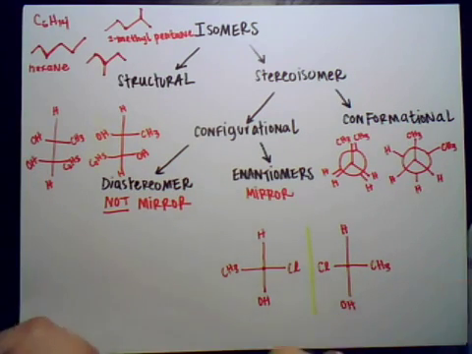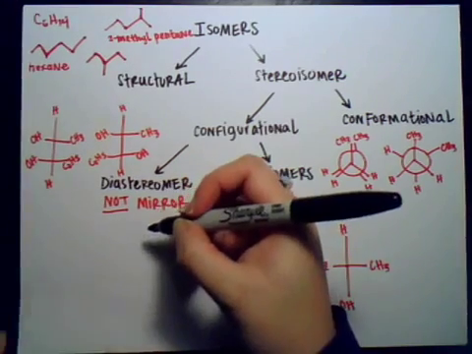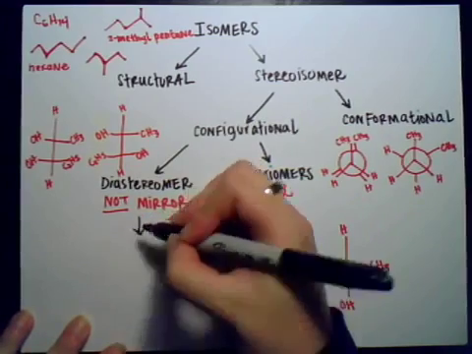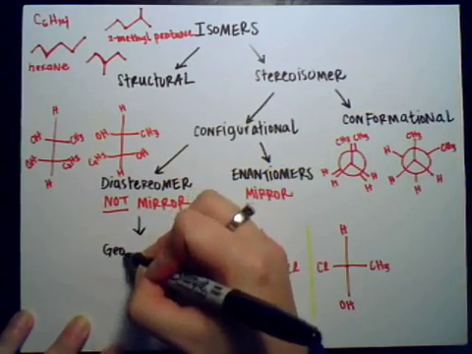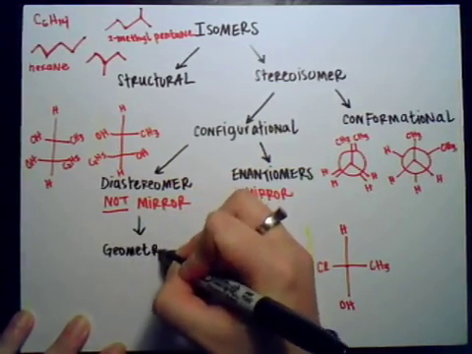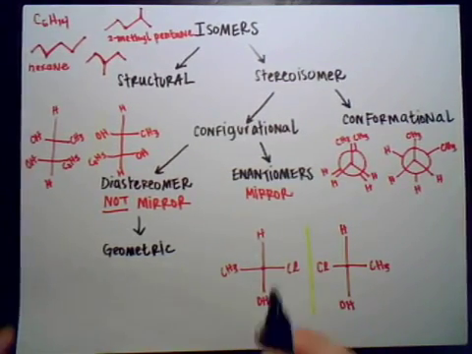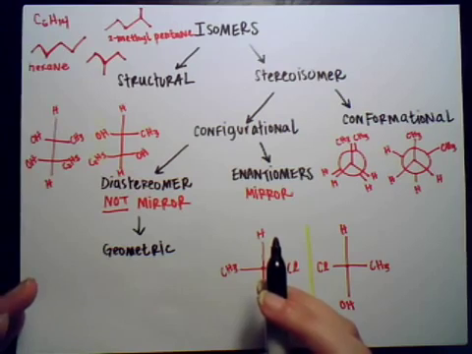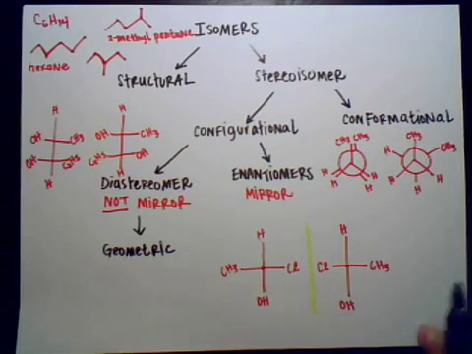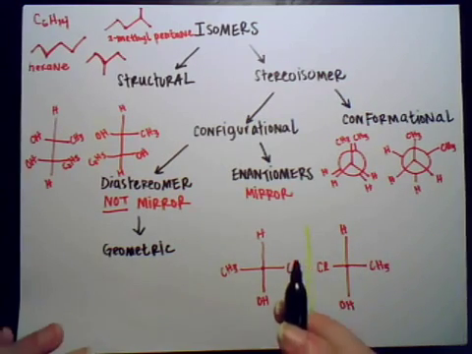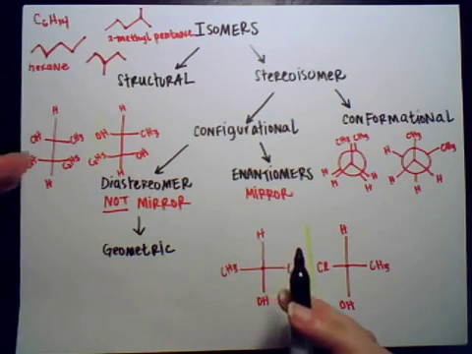Another example, or one last subcategory of diastereomer, is a geometric isomer. Again, it's still a diastereomer because it's not a mirror image of each other, but it's not as complex as this.